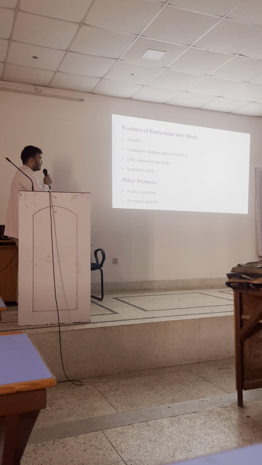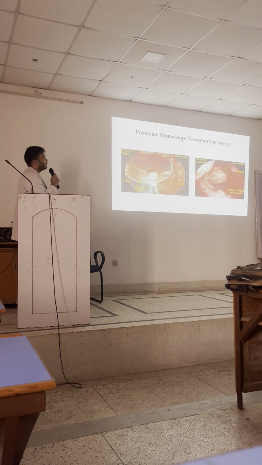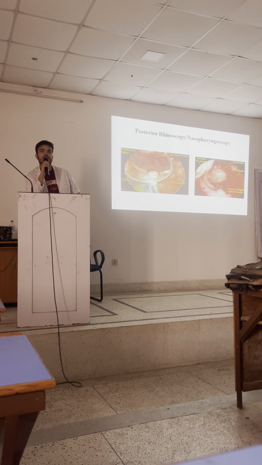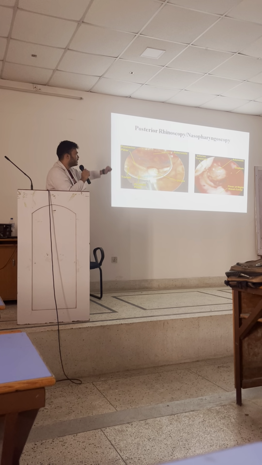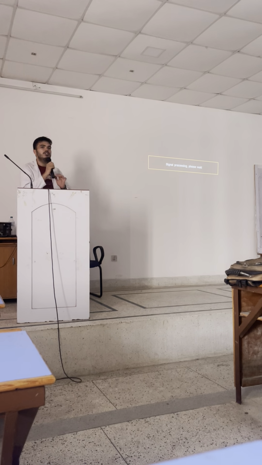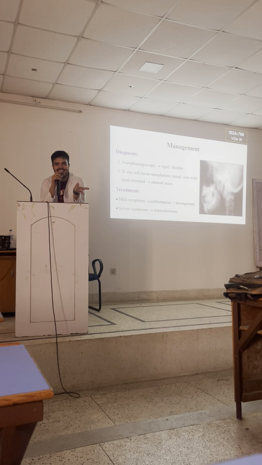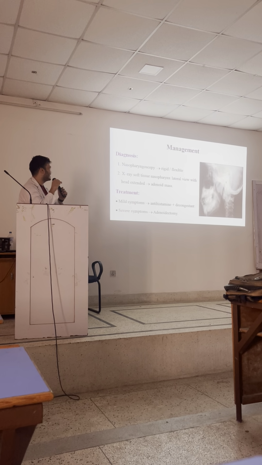Other features like pectus excavatum, nocturnal enuresis may be there. Now in posterior rhinoscopic examination, you can see an enlarged adenoid. So how will you manage this adenoid hypertrophy? What will you do? Immediately go for surgery? No, you won't go for surgery initially.